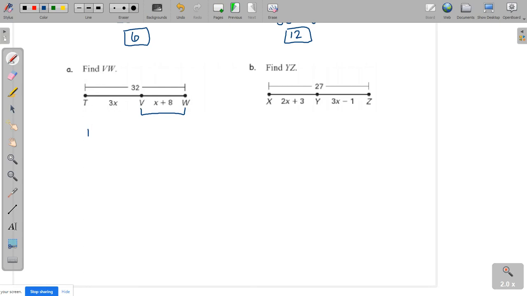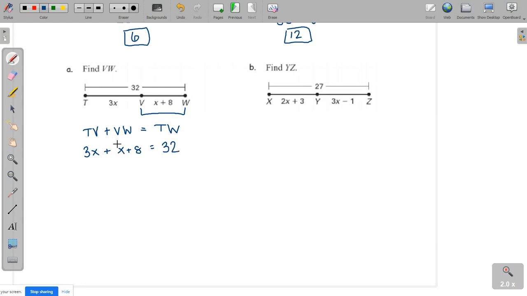So TV plus VW is going to equal our full length of TW. So TV is 3x, and if we add x plus 8 for our VW, we're going to get the full length of 32.